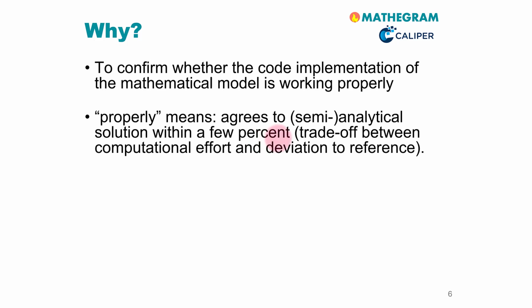As always, there's a trade-off between effort and acceptable error. Of course, if we further refine, for example, the time step of our DEM simulation, we will reduce the deviation to our reference, which is the analytical solution, but at the same time, the computational effort might skyrocket.